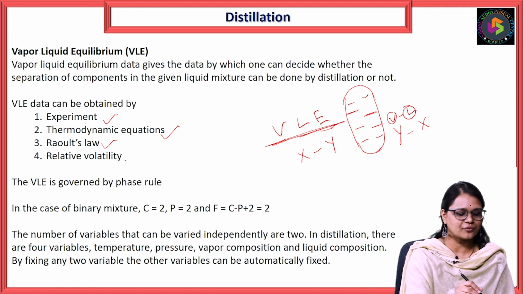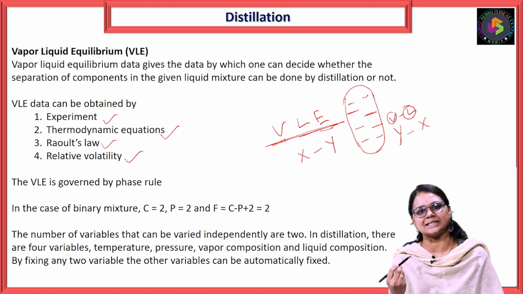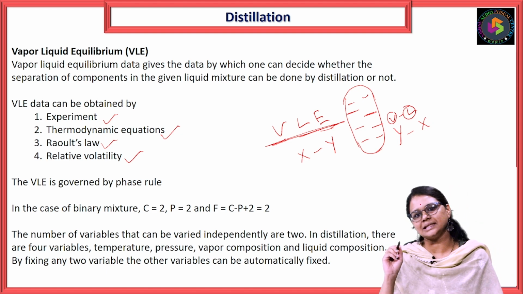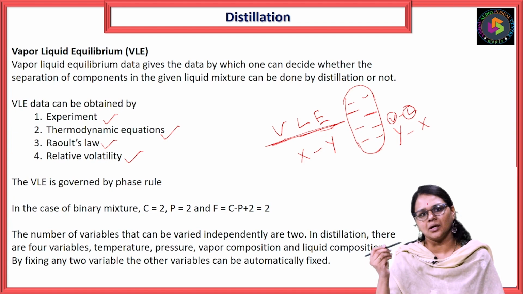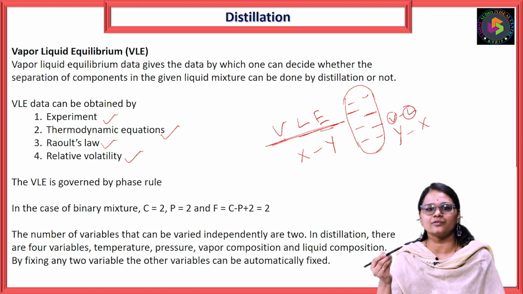Okay, so the fourth point is relative volatility. Relative volatility is the ratio of volatility of the components. As we understood already, volatility is about boiling points, the boiling points of the components available in the given mixture. The ratio of those will give you the relative volatility.